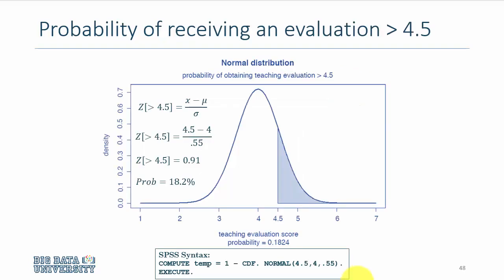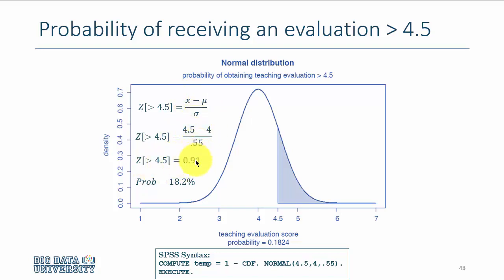Lastly, we can compute the probability of an event or value being achieved. So what is the probability of an instructor getting a teaching evaluation of greater than 4.5? We know the mean is around 4. So this is the probability, the shaded area that you're looking at. And the way you do it is you take 4.5, which is the value, subtract the mean value, which is 4, and then divide it by the standard deviation, which is 0.55.